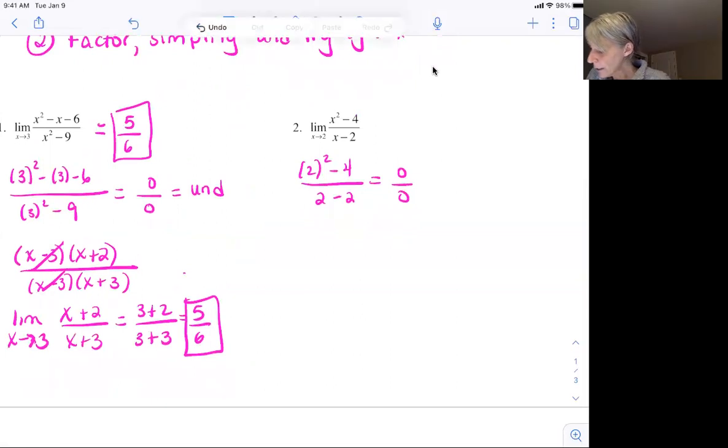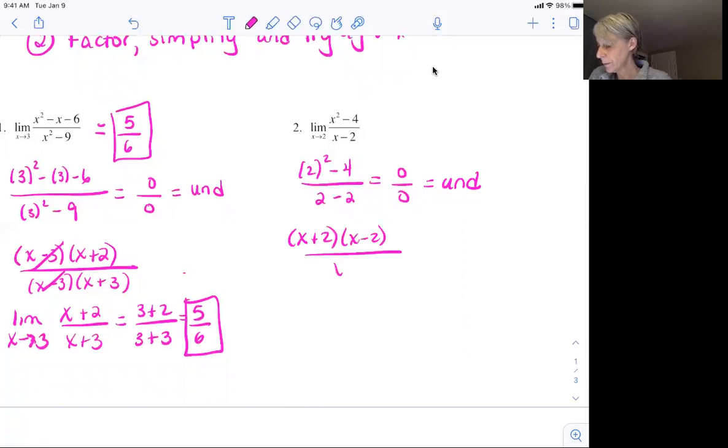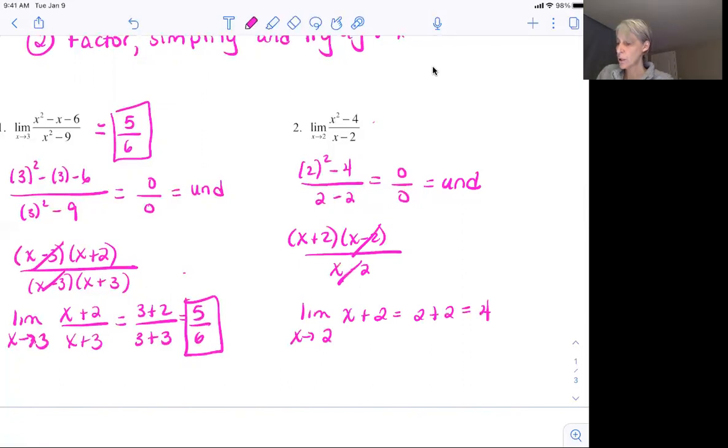Again, this is undefined, so we're going to factor, and reevaluate the limit in simplified form. So our answer for this problem would be 4.